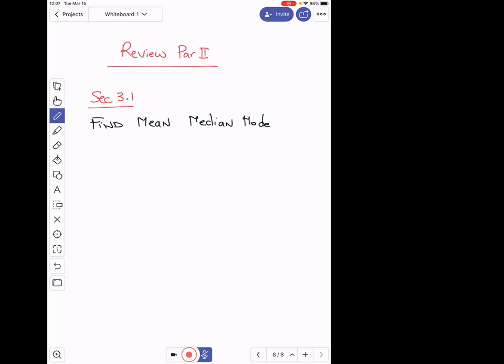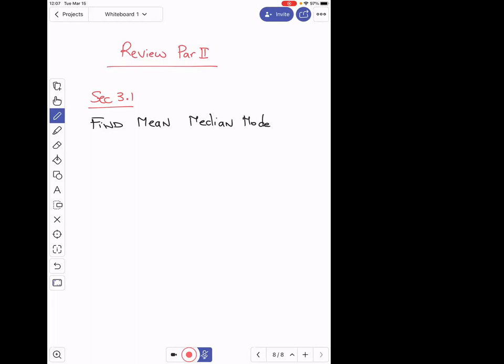We have 30 numbers. Of course, in the test, 30 numbers is a lot, so in the test we're probably going to have 5 or 6 numbers. But in the review sheet, we have 30 numbers.